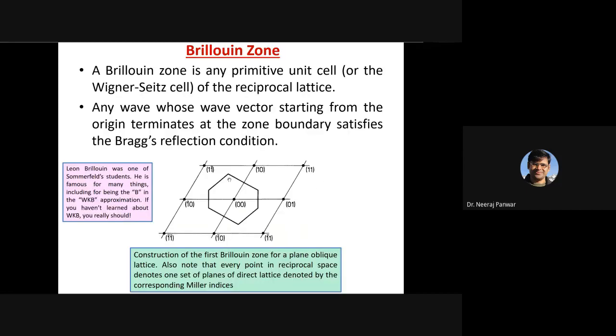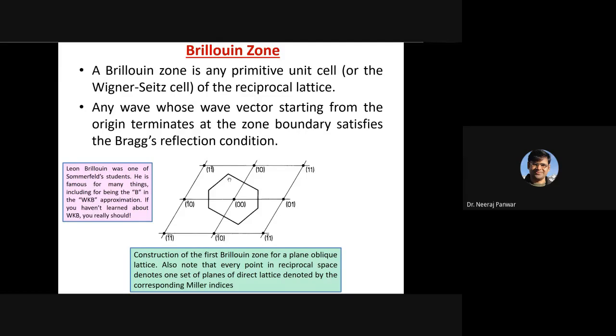Then we discussed the reciprocal lattice and how we define it. In a crystal lattice, there are many sets of planes with different orientations and interplanar spacings. If we draw normals to the sets of planes from a common origin, whose lengths are equal to the reciprocal of the interplanar spacings of that particular set of planes, then the end points of these normals form a lattice called the reciprocal lattice.